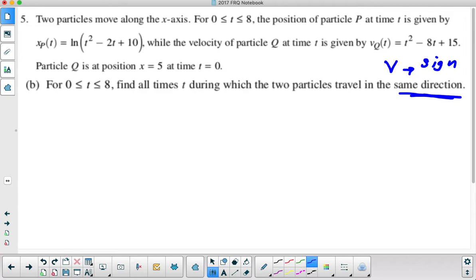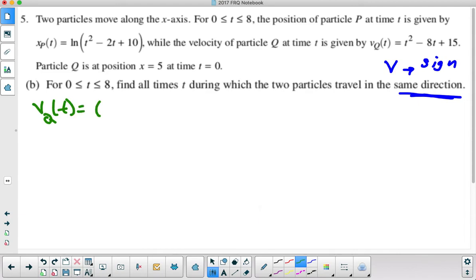So that's what we're looking for. First of all, we just did the stuff with the velocity on that last part A. So I'm going to start with the velocity for Q. I'm going to do these color coded, so my Q stuff is going to be done in green. So we've got Q of t.